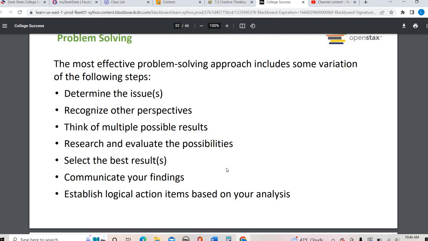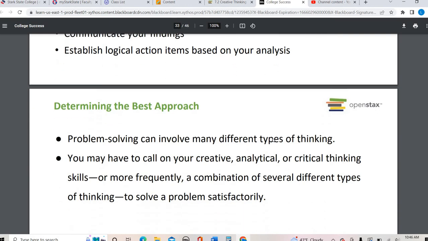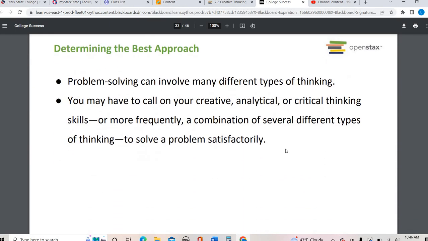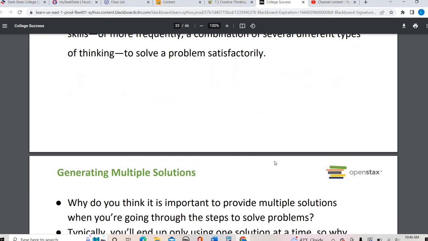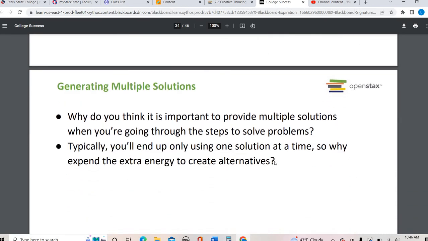I wouldn't say you use this process for everyday decisions, but for larger decisions you should be thoughtful and deliberate, going through and really evaluating each of those steps. Sometimes when we problem solve, we rely on all these different types of thinking, critical, analytical, creative, to make sure we are coming to a decision that is best for ourselves and anyone involved.